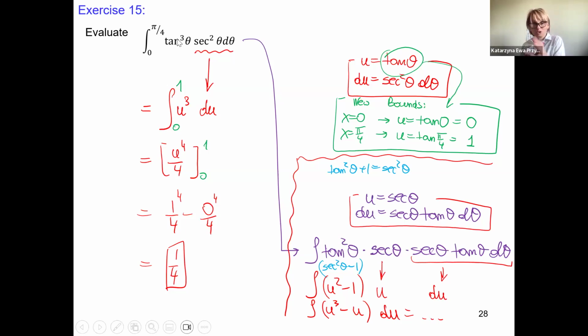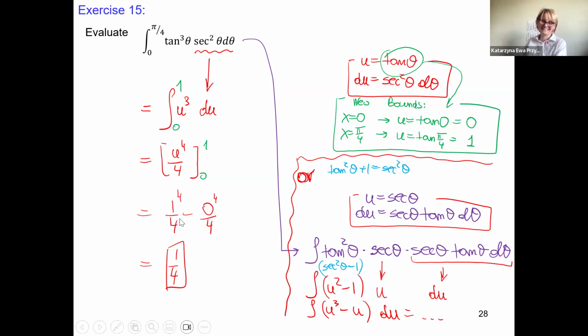Since I took one tangent for the du, we end up with the squared, and it was easy to rewrite. If this were cube or any other odd number, it would not be that easy. Also a nice way of thinking. I just realized, yes, you can do it this way. But I think this one is more obvious.